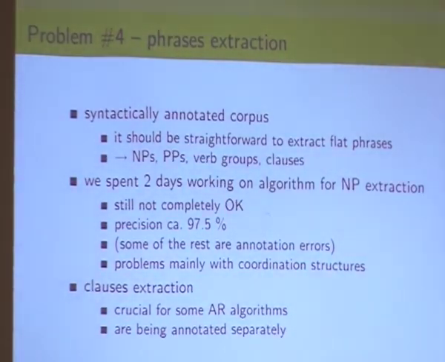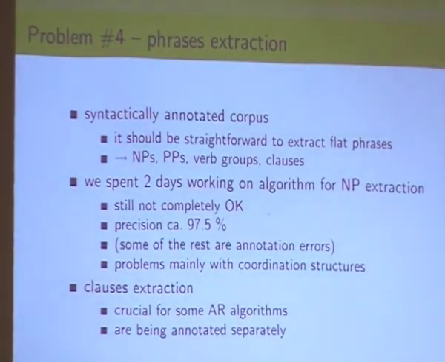Sorry, what about the recall? The precision is the usual precision.